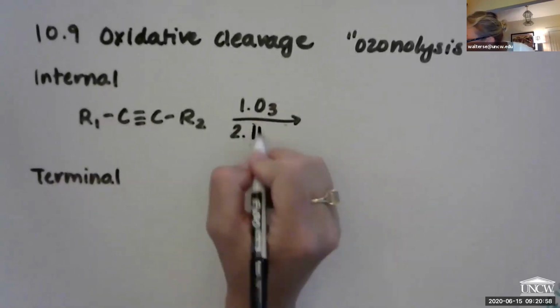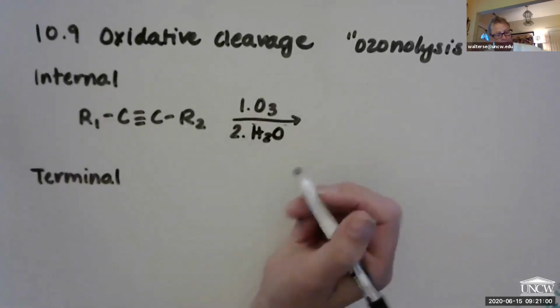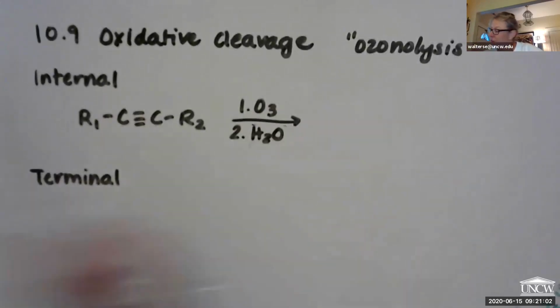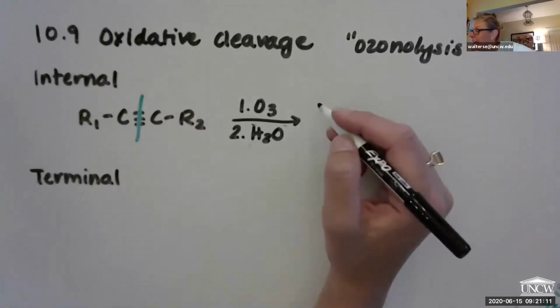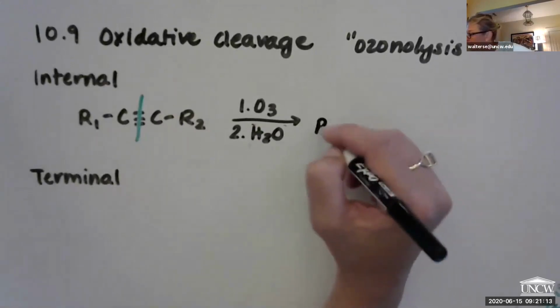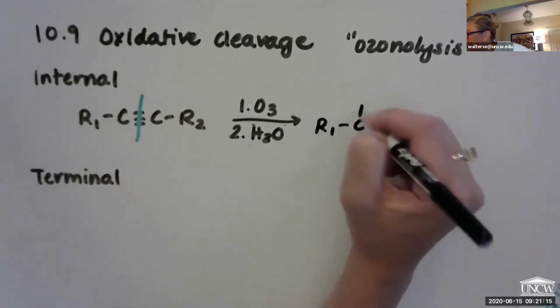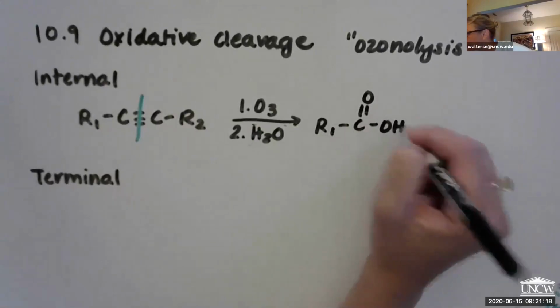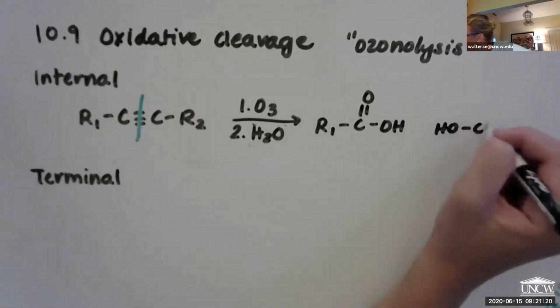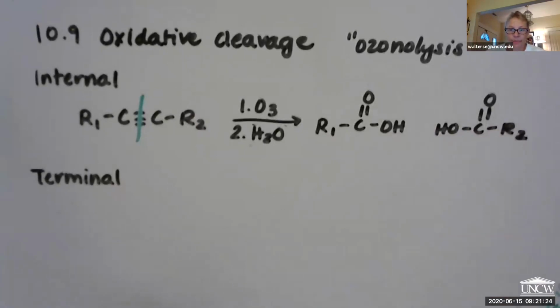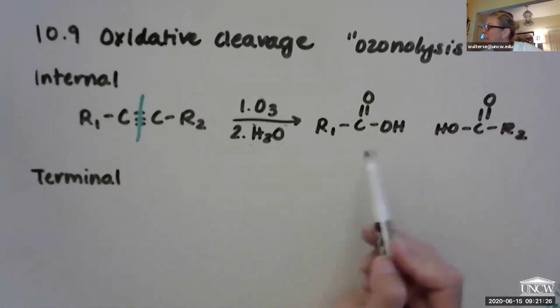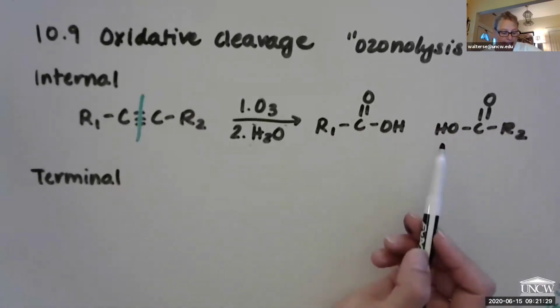Just need to have a mild reducing condition. And you still break apart your alkyne. But instead of making a carbonyl compound, what you're going to end up making is carboxylic acids. Okay. So you get two pieces, both carboxylic acids.